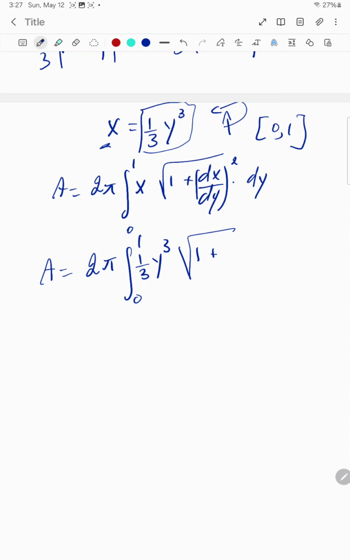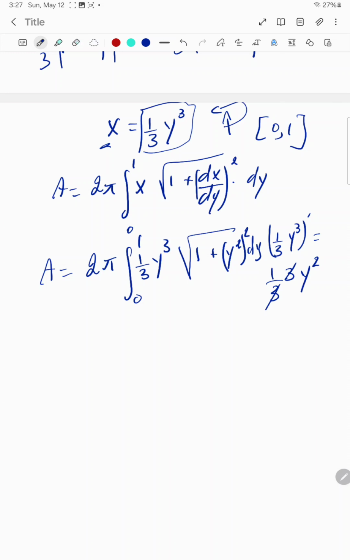So I will derive 1/3 y^3 prime. It becomes 1/3 times 3y squared. So this and this disappear. The derivative becomes y squared, so y to the power of 2 squared dy.